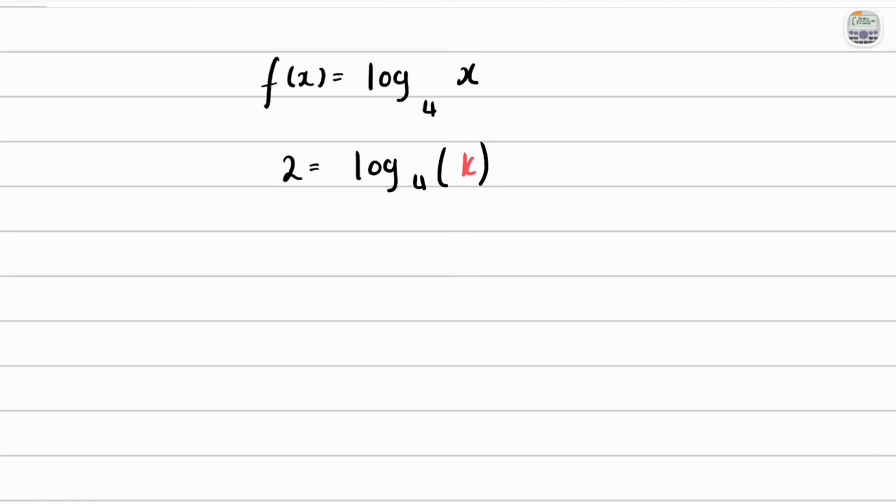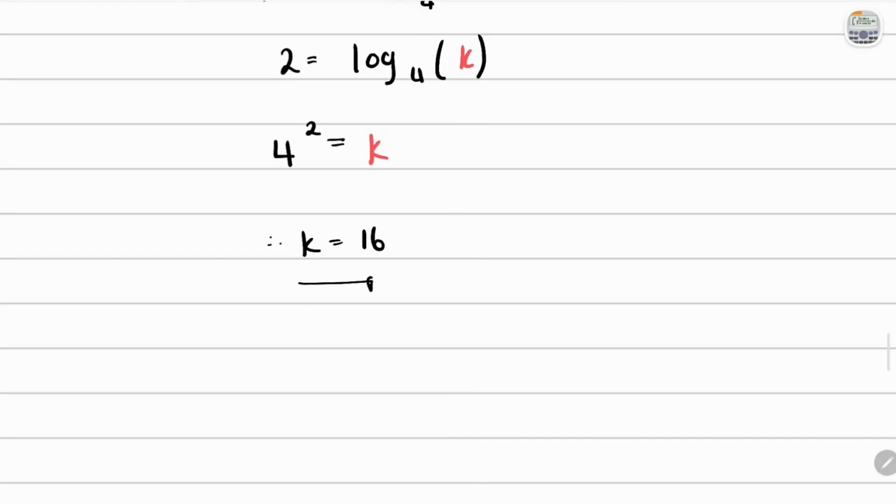The base is 4, so we are saying 4 raised to the power of, when rewriting this as a log function, the exponent is the subject. So it's raised to the power of 2, and that is equal to the answer k. So k is simply equal to 4 to the power of 2, which is 16. And that is our answer.